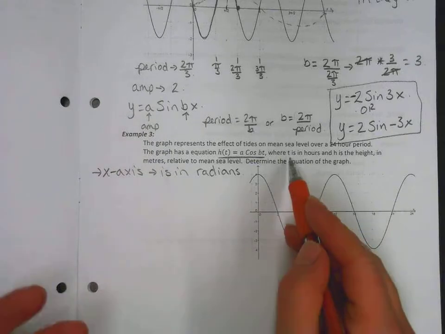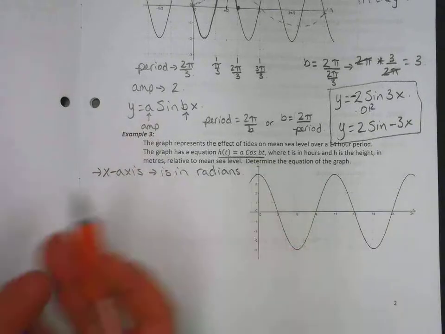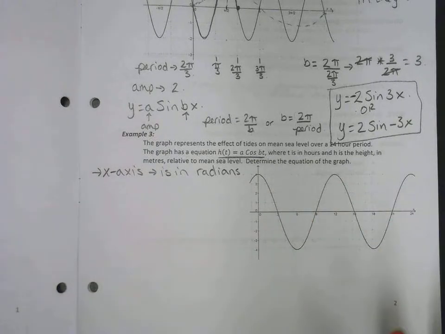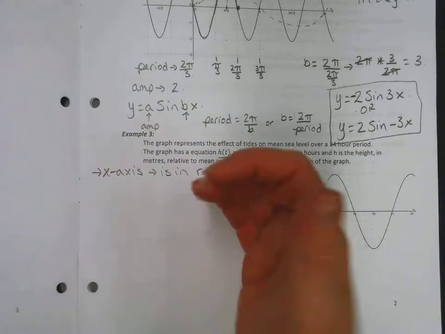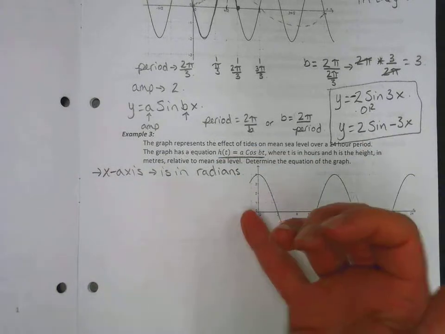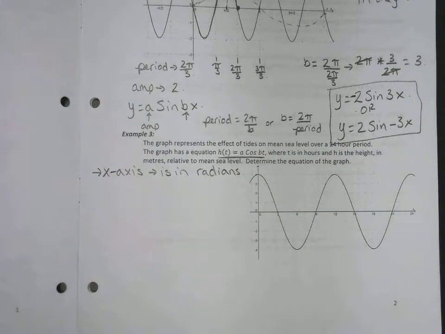And we can't relate angles to time in terms of our tides. So that's why radian measure is so important, because it relates to a real life scenario. Radians can relate to time, to height, to anything in the world, where degrees can't. A degree has to be specific to the size of an angle.